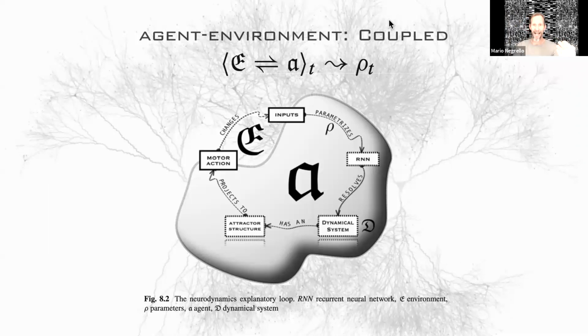So this is an agent environmental loop, or the sensory motor contingencies, the idea that the brain is embedded in a body, and because it's embedded in a body, when you have inputs to your retina, to your arms, to your sensors, they are actually parameterizing a recurrent neural network, which is basically your brain, which produces a dynamical system.